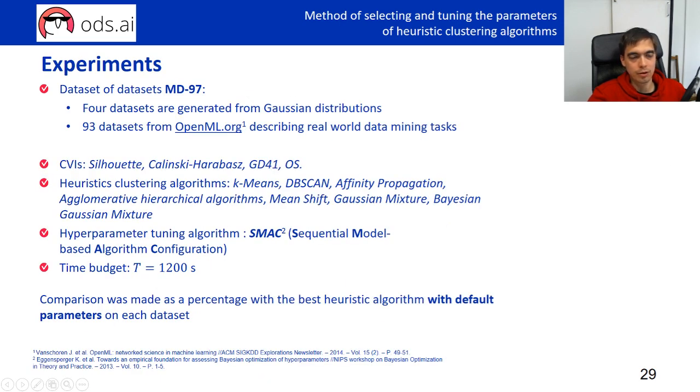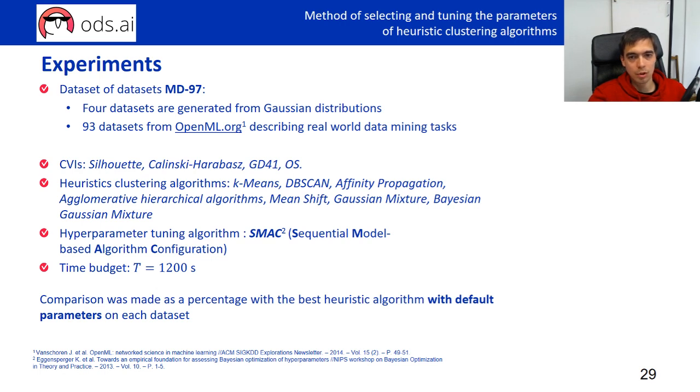Okay, so we carried out some experiments. Let's analyze the parameters. For the purposes of testing this approach, we gathered the dataset MD97 that consists of 4 synthetic datasets and 93 datasets describing real-world data analysis tasks from different areas of life.